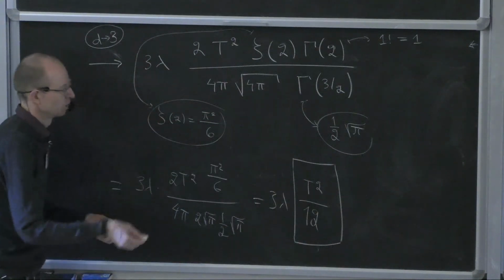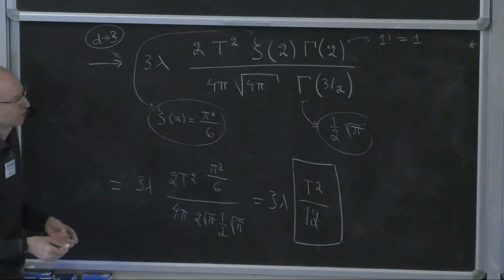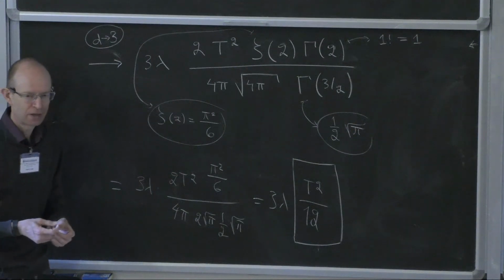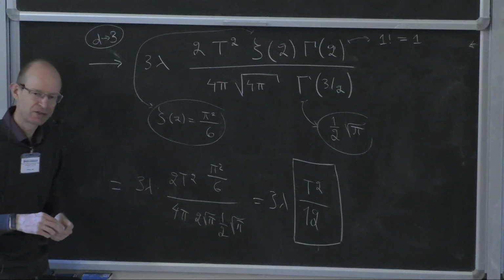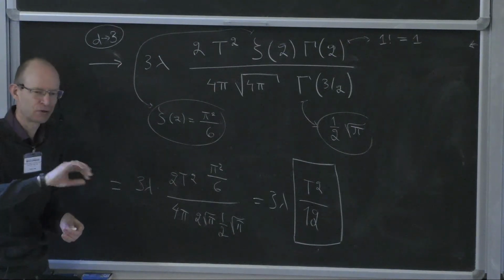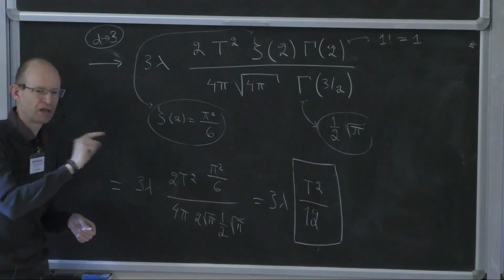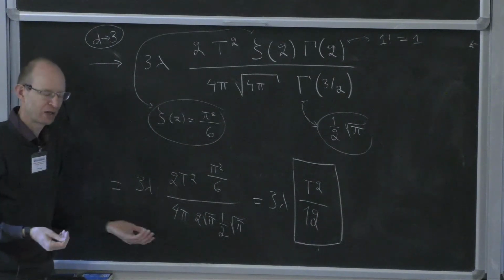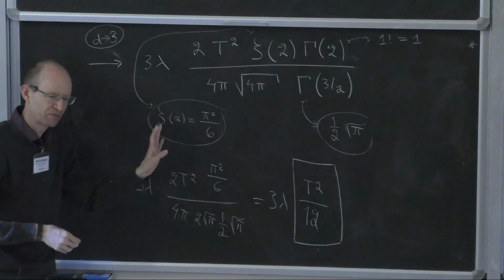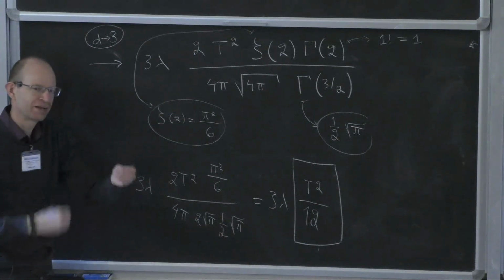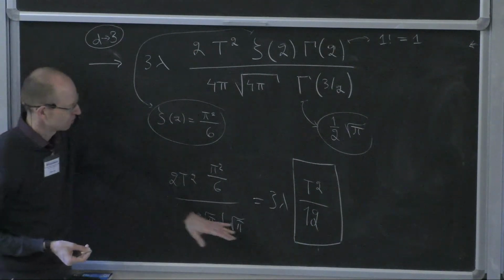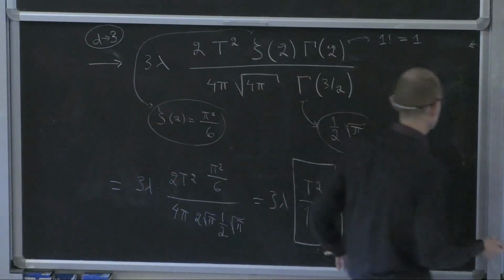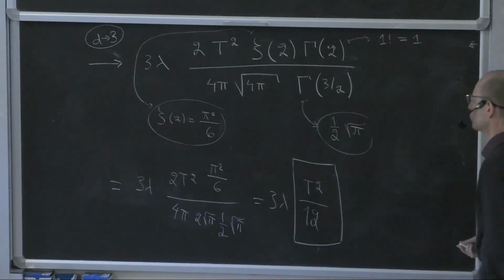This T squared over 12 is a very famous number here. It's the value of this sum integral with one propagator. And yesterday we saw in the expansion of this function f of T, the quadratic term was m squared T squared over 24. Okay, it's not 12, it's 24, but actually it was a different integral, and they are related. So in fact, this T squared over 12 corresponds exactly to that m squared T squared over 24.